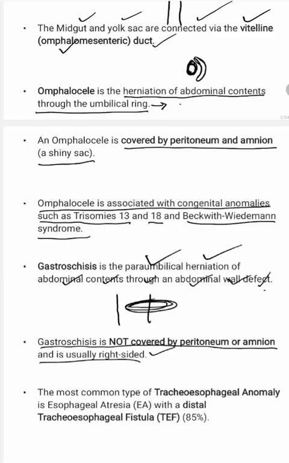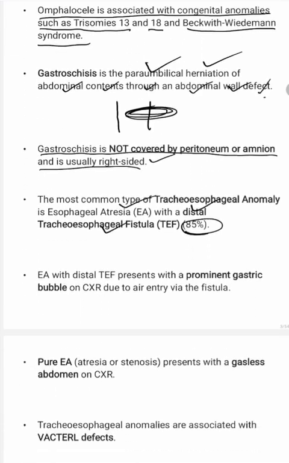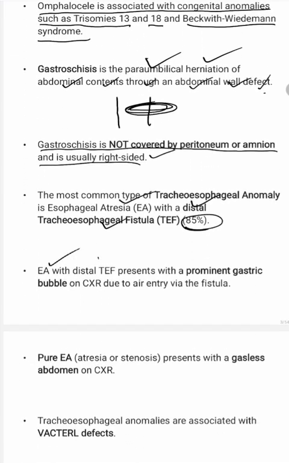The most common type of tracheoesophageal anomaly is esophageal atresia with a distal tracheoesophageal fistula, 85%. Now, esophageal atresia with distal tracheoesophageal fistula presents with a prominent gastric bubble on chest X-ray due to air entry via the fistula. Now, this is the esophagus.